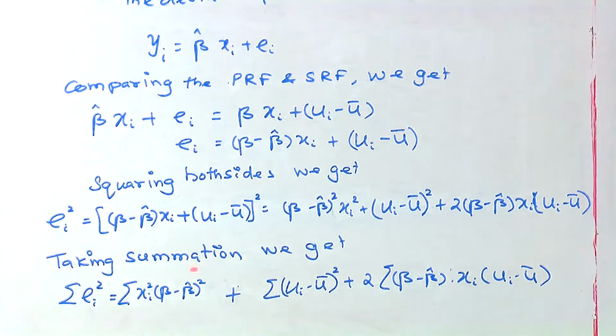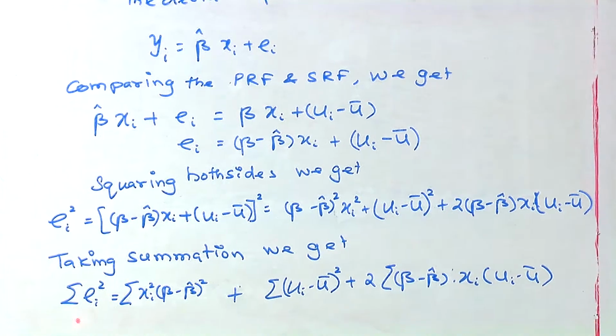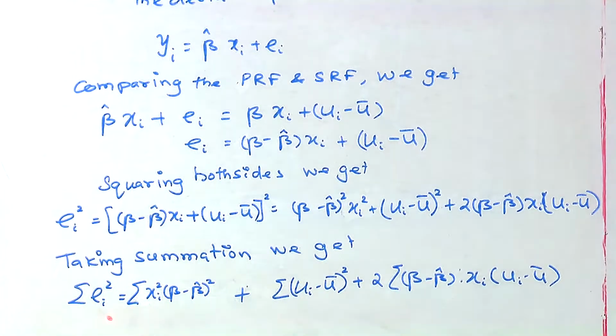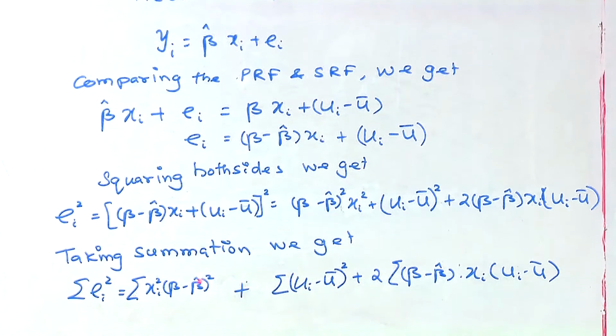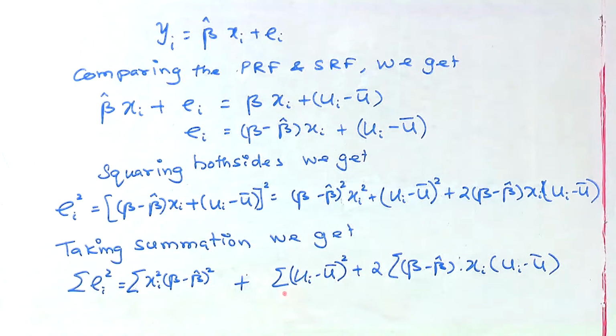Taking summation on both sides, we get Σei square equal to Σ, the same terms continue. So Σxi square (β − β̂) square plus Σ(ui − ū) square plus 2 into Σ(β − β̂) xi (ui − ū).